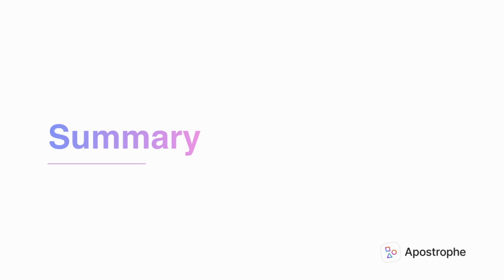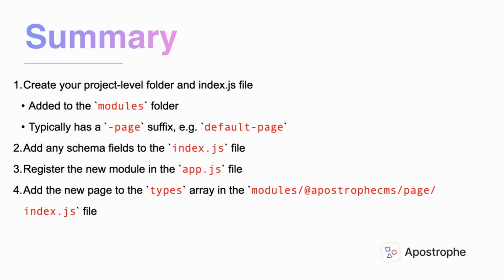Okay, so just to recap what we've seen, in order to create a page within our ApostropheCMS Astro Hybrid project, the first thing that you typically do is go into your modules folder in the backend, create a folder for your page as well as an index.js file. Within that index.js file, you create your fields with all the different schema types that you may need.